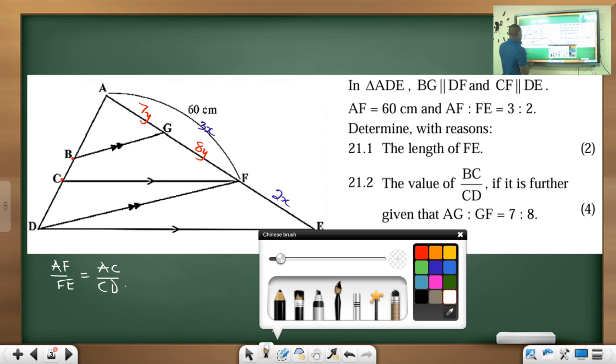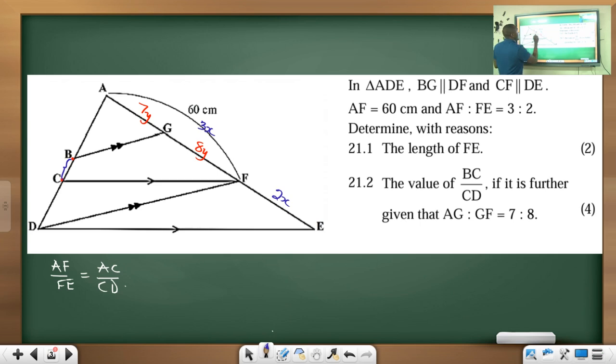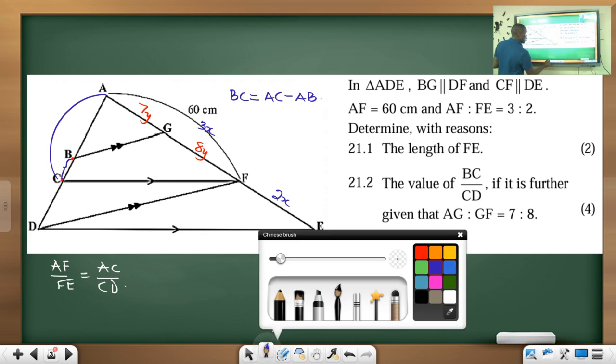I'm going to get AB and my AC and then subtract. I'm looking for BC, so BC is AC minus AB. If I can get that, I don't have a problem with my CD. CD is done.